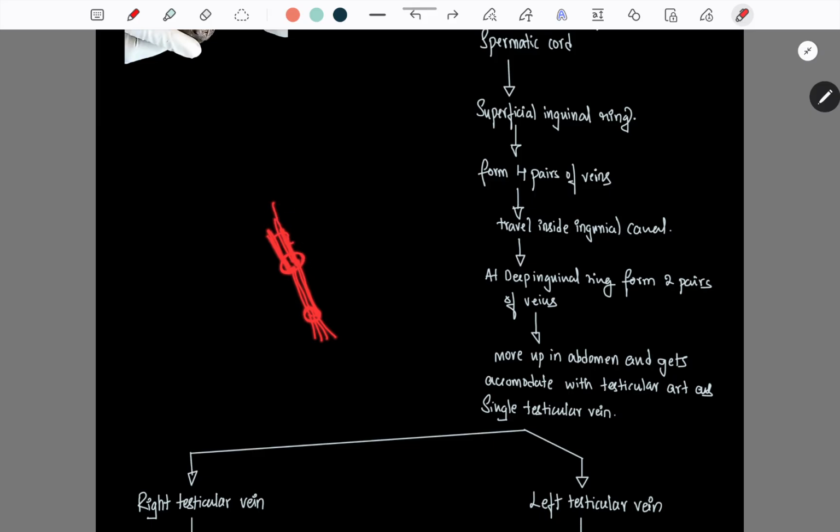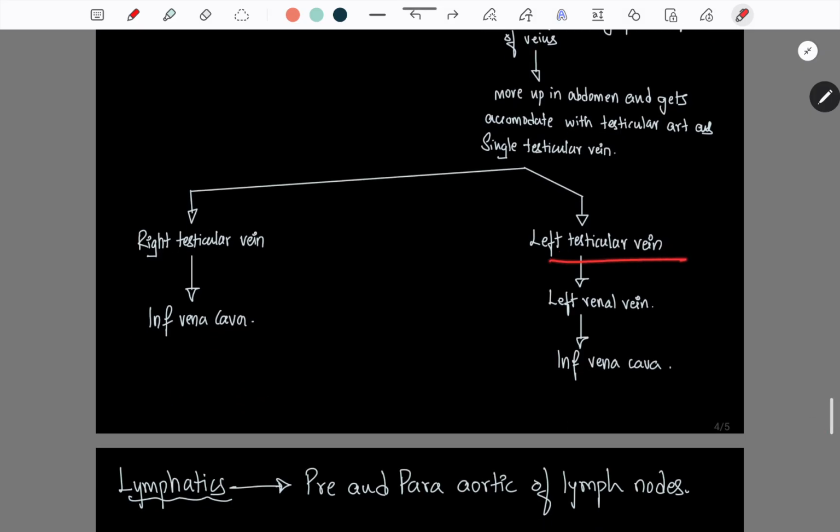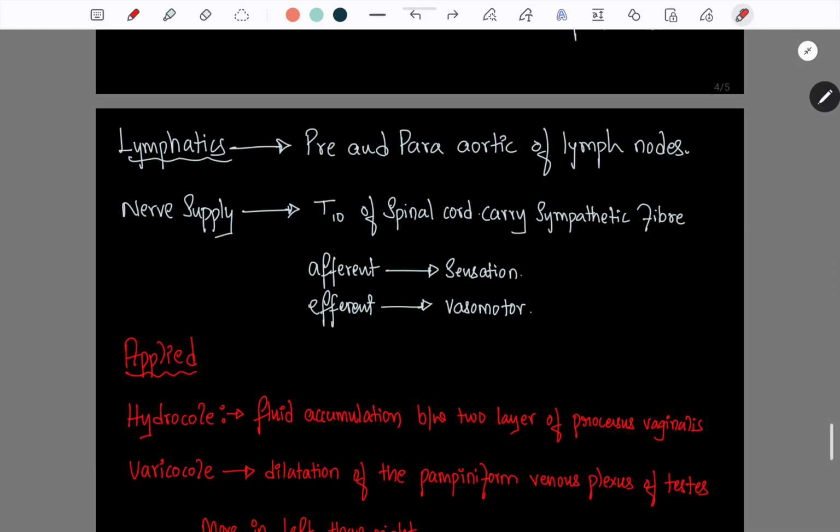And again it unites into one. This is the testicular vein. The right testicular vein goes to the inferior vena cava. The left testicular vein first goes to the left renal vein and then to the inferior vena cava.